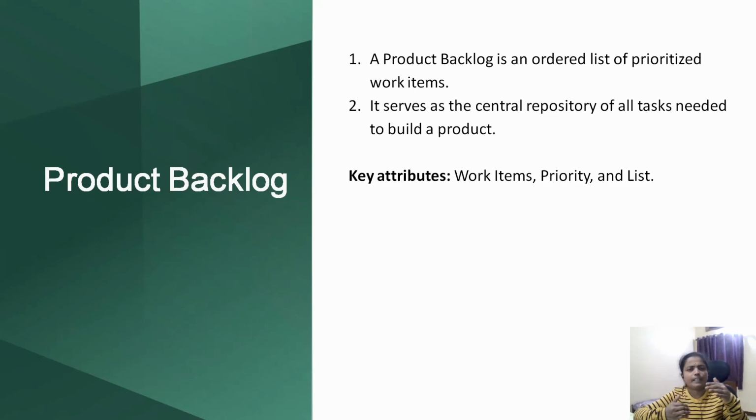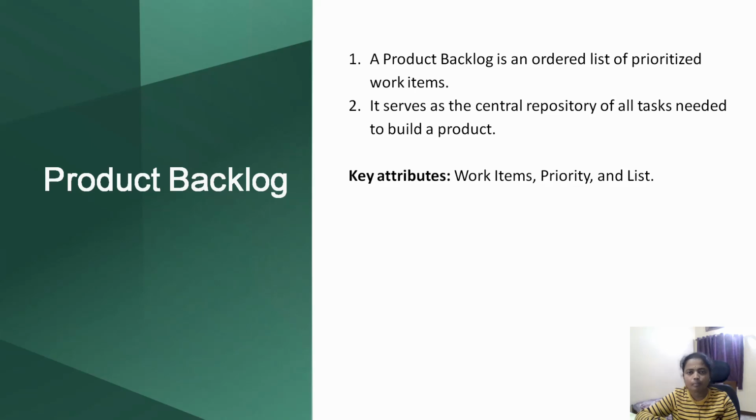So we have a lot of items, right? It's basically a list. Why are we saying ordered list? Why not just a list? Because we order this list of work items with the help of the attribute that is priority. We will talk about how we are going to manage that priority. But the first thing to remember here is a product backlog is the ordered list of prioritized work items.